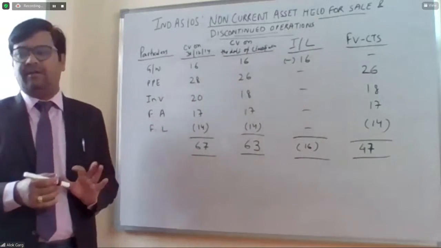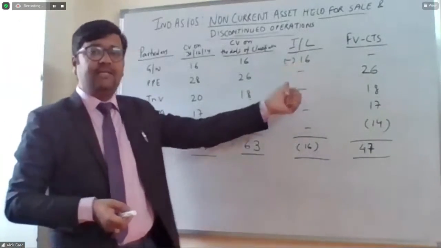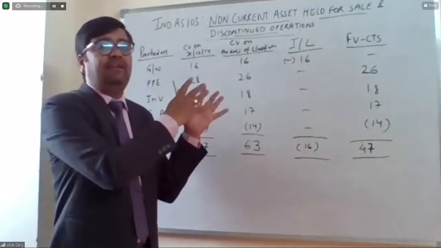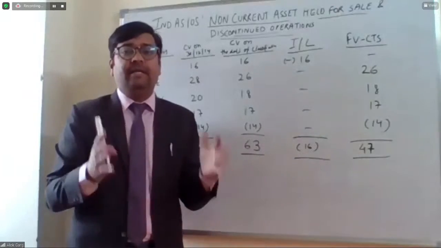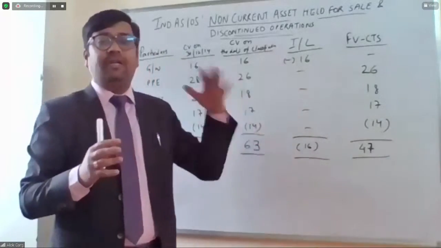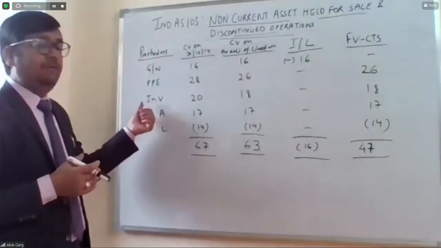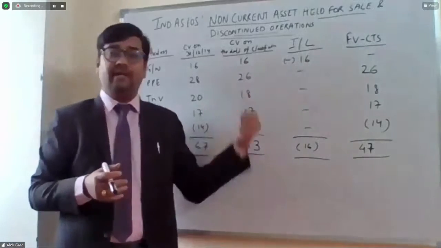The same principles apply. First of all, you need to strike off the goodwill. Second, you need to allocate the remaining impairment loss in proportion to the carrying value of the assets on the date of classification. If a particular asset is at fair value on that date, the impairment loss should not be charged on that asset. For example, inventory, financial assets and financial liabilities are not required to be adjusted.